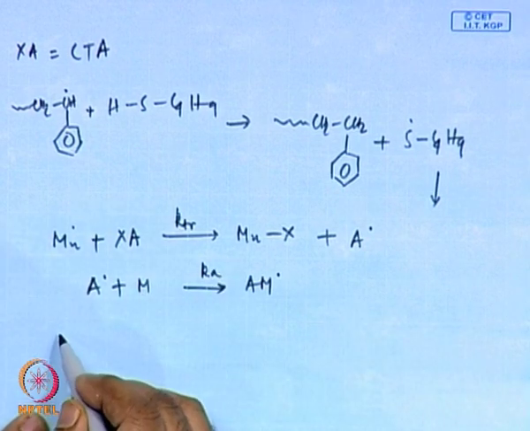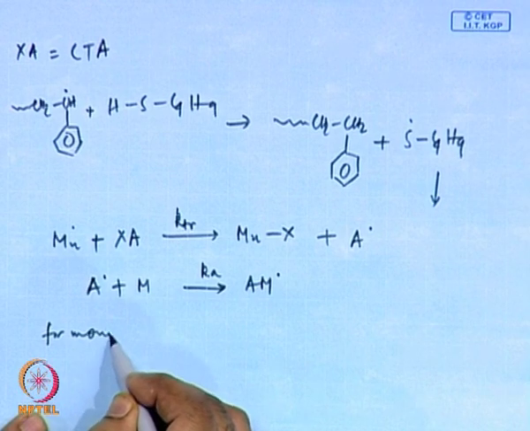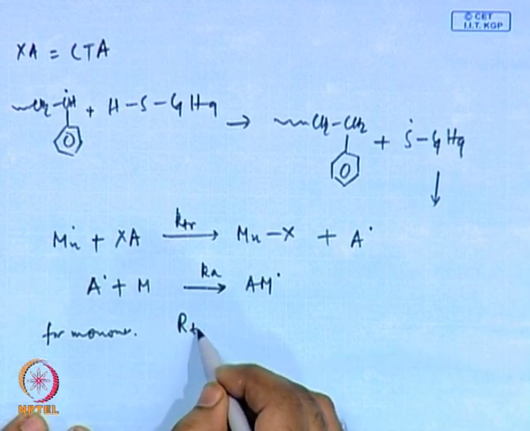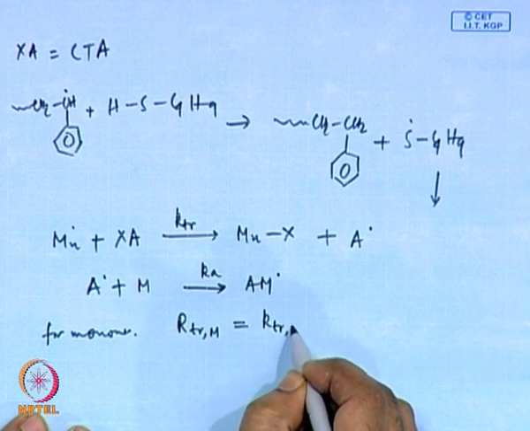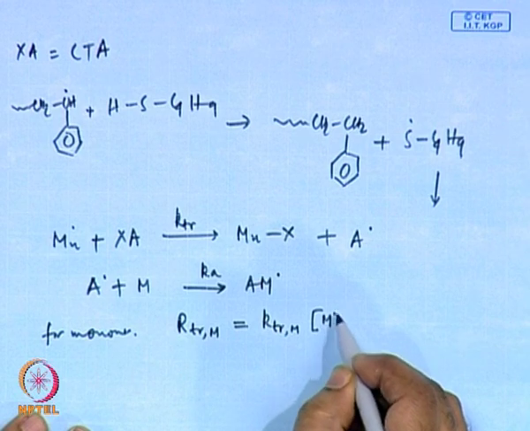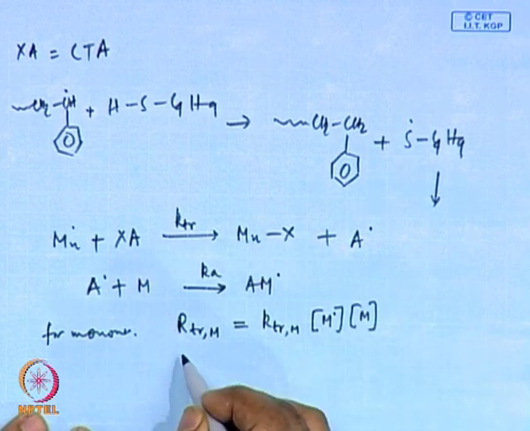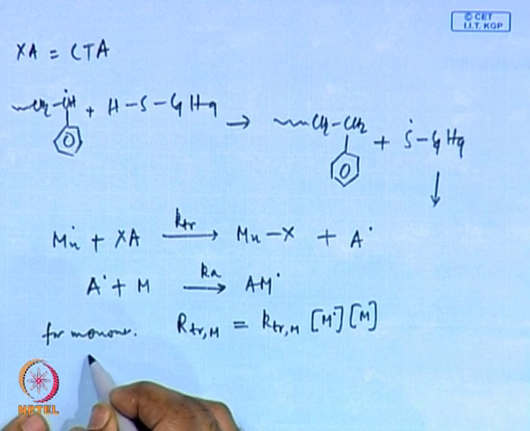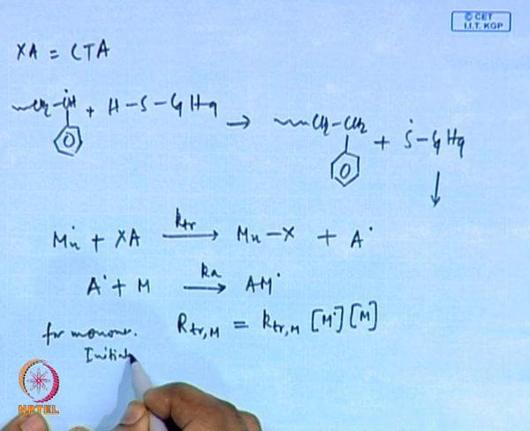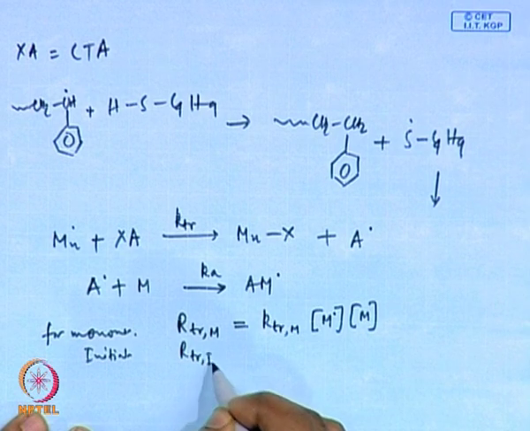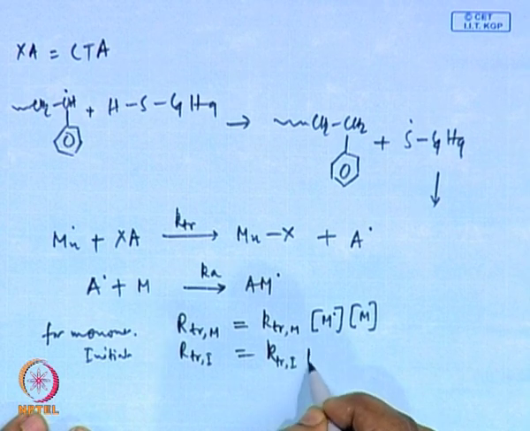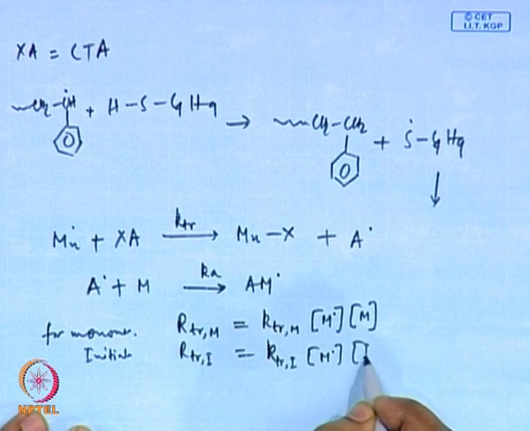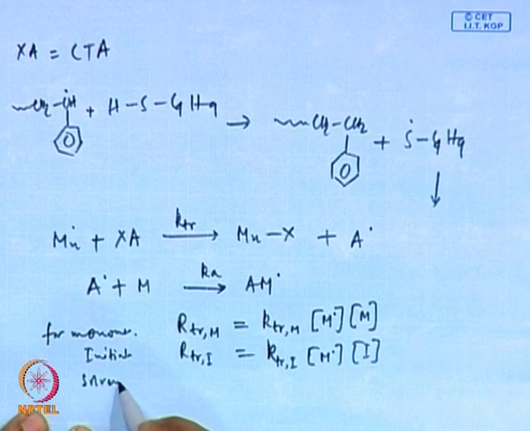So, for monomer, we can write rate of transfer monomer given by K transfer monomer m dot m. For initiator, we can write similarly K transfer initiator m dot I. Similarly, we can write for solvent, CTA and so on.